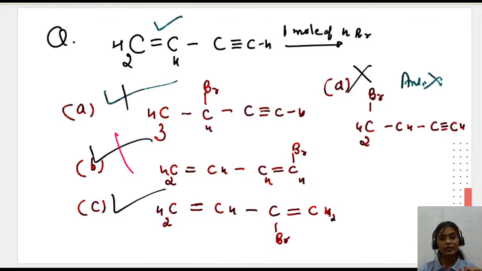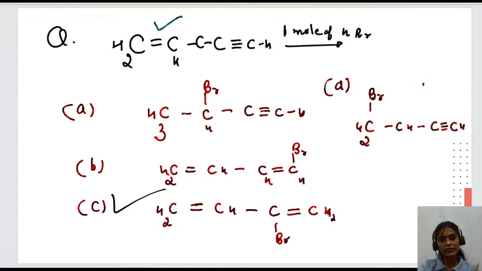If you have a choice between triple and double, you can go with double, but in this case the plus point is that these two double bonds are in conjugation: single bond, double bond, single bond. This kind of conjugation we are getting.